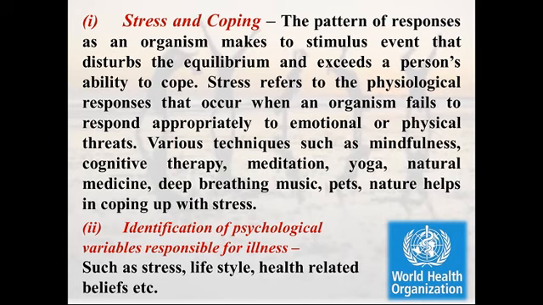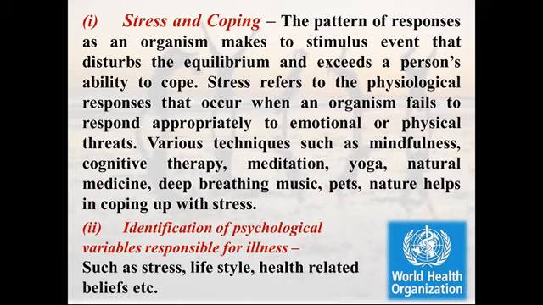The next point is identification of psychological variables responsible for the illness. This is the focus, this is the scope area of health psychology. What are these variables? Maybe I'm discussing very few. Stress is one of the variables. They have to identify the individual facing stress and how to deal with that. Lifestyle is a very important variable responsible for your health and illness.